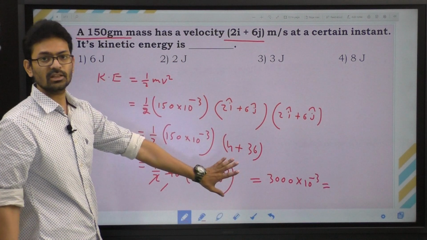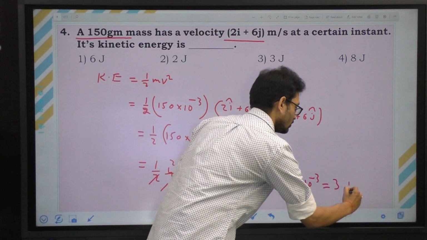So here you will be getting the value as 3 joules of energy.